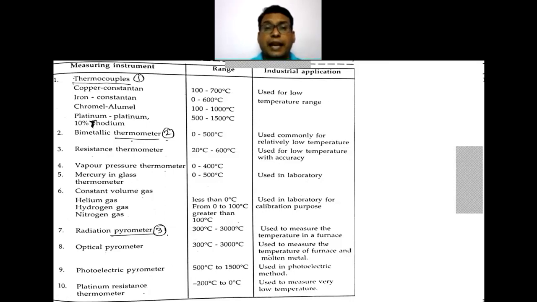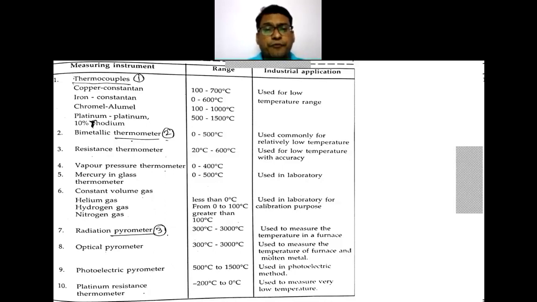Platinum and rhodium are used for still higher temperatures, more than 500 to 1500 degrees Celsius. Then there are bimetallic thermometers, which are used in a smaller range of 0 to 500 degrees Celsius. Then the resistance thermometers, 20 degrees Celsius to 600 degrees Celsius.